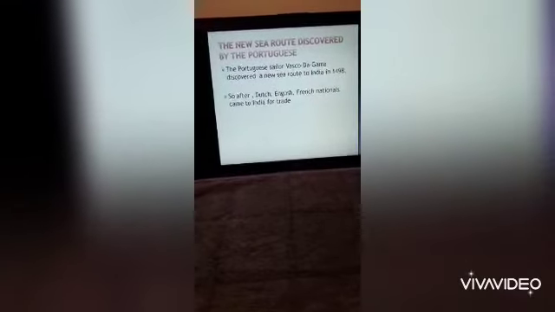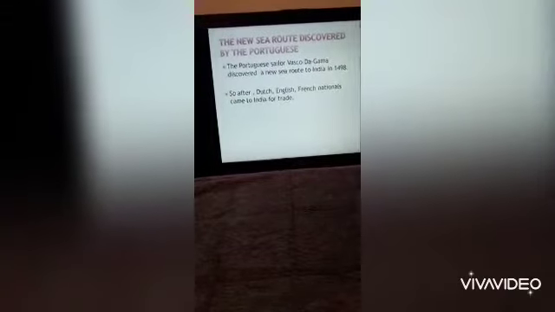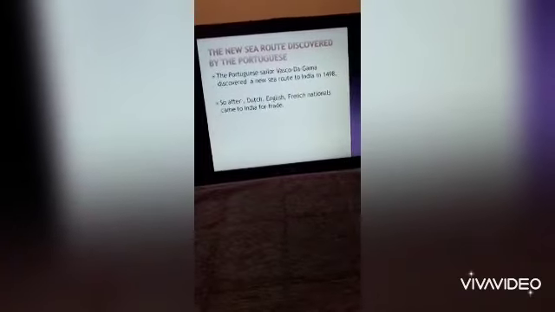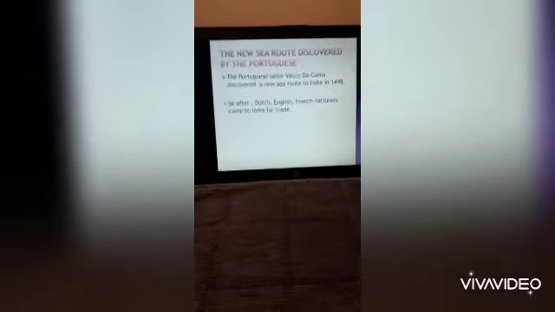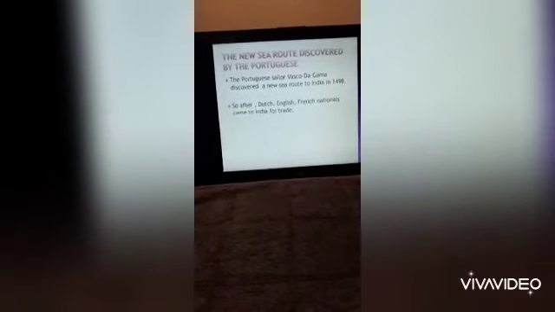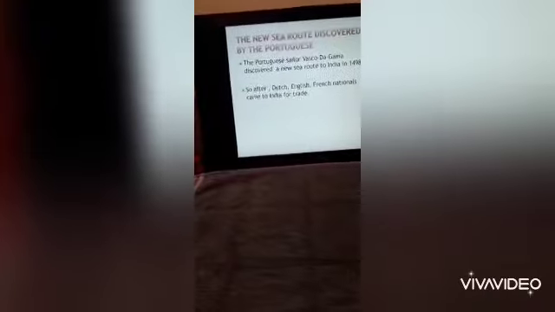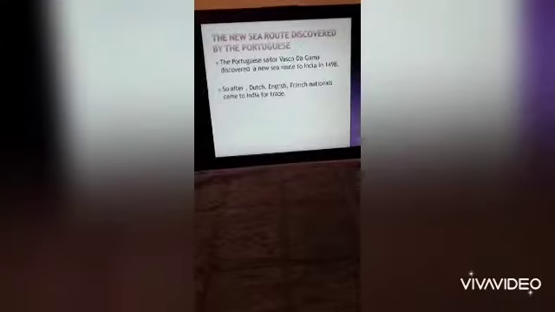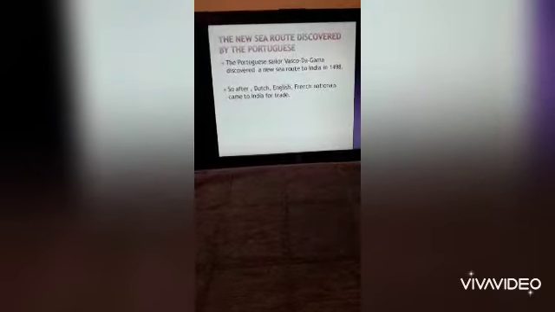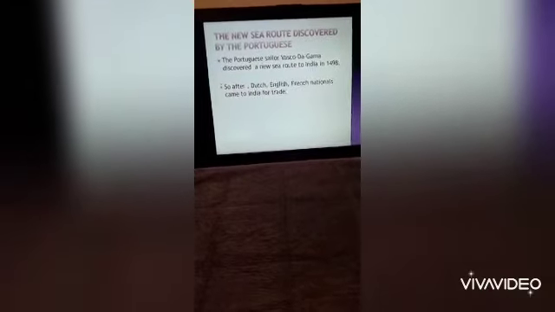Trade between India and Europe was carried out through land route and sea route, and at the center of these routes was Istanbul in Turkey. The Portuguese sailor Vasco da Gama discovered a new sea route to India in 1498, and thereafter the Portuguese, Dutch, English, and French nationals came to India for trading.